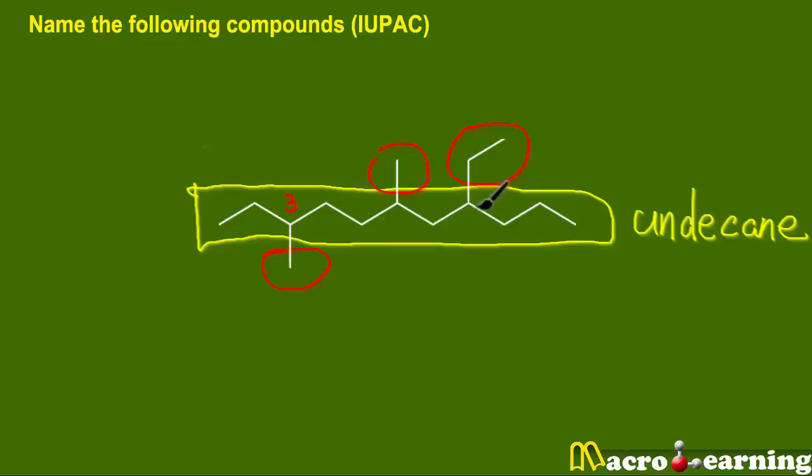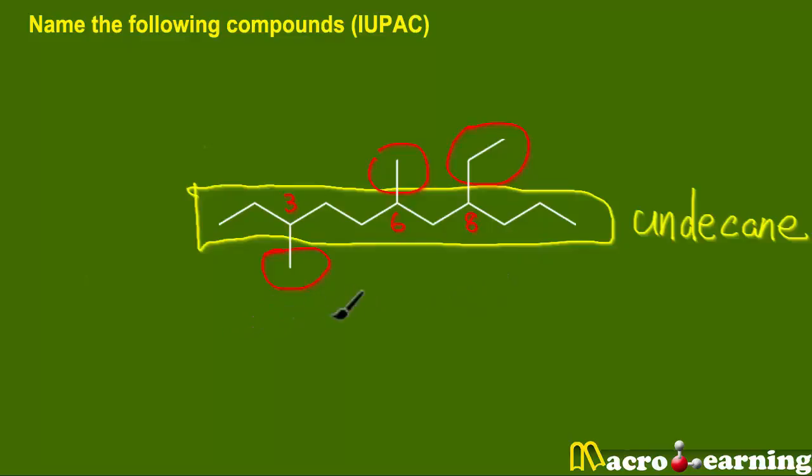Otherwise, the first substituent will be on the 4th carbon, and that's not favored. So this methyl is on number 3, 4, 5, 6. That's the number for this methyl group. 6, 7, 8 for the ethyl group.